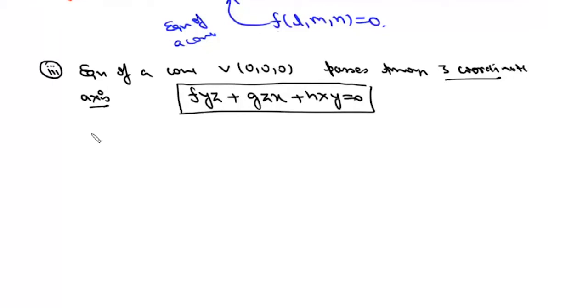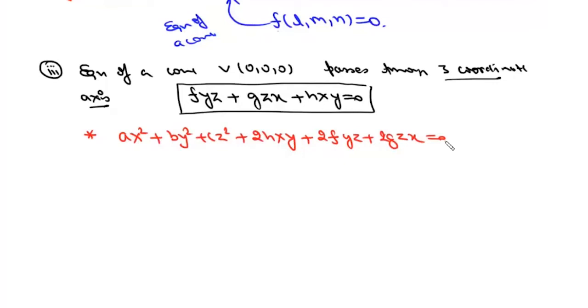Now we already know that the equation of a cone with vertex at the origin is given by ax square plus by square plus cz square plus 2hxy plus 2fyz plus 2gzx equals 0. Now one of the generators of this cone is the x-axis and direction ratios of the x-axis are 1, 0, 0, and we have proved that direction ratios of any generator satisfy this equation. So we'll put in these values. If we put L, M and N as 1, 0, 0, then we'll get A equals 0.